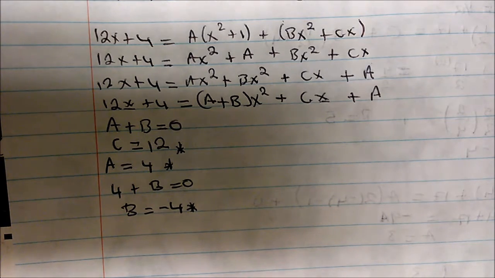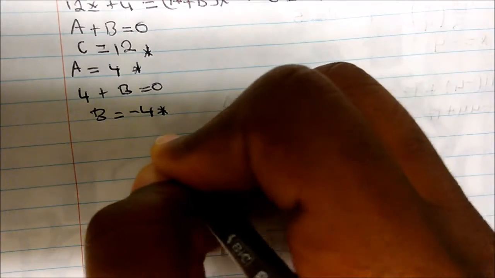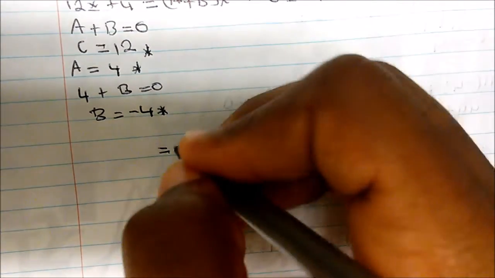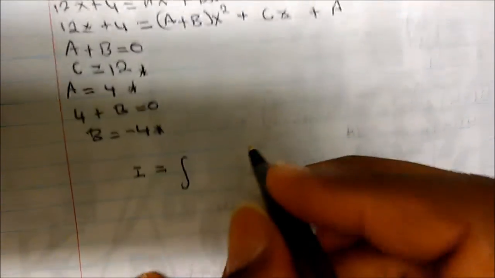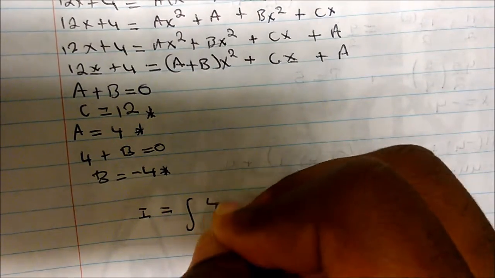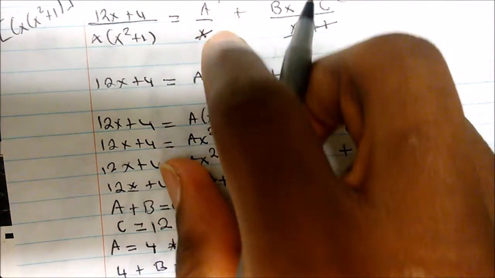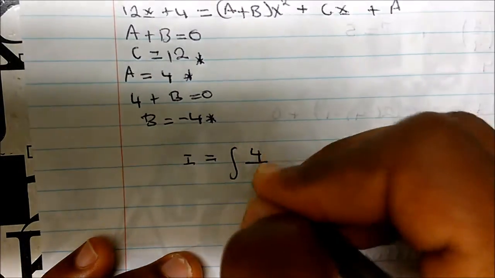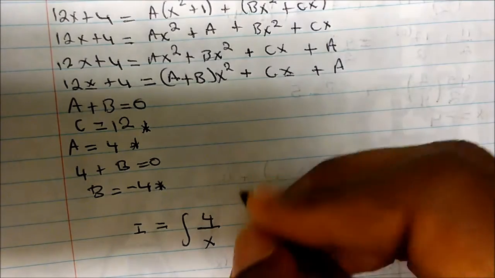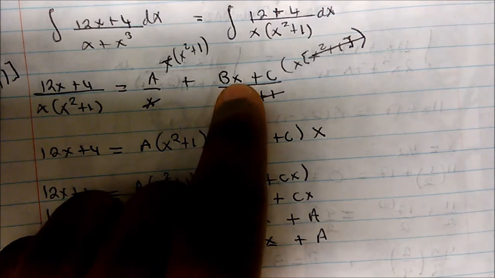Okay, and so what is my integral now? Well, in this form, the integration will be equal to the integral of a over x, plus bx plus c over x squared plus 1.